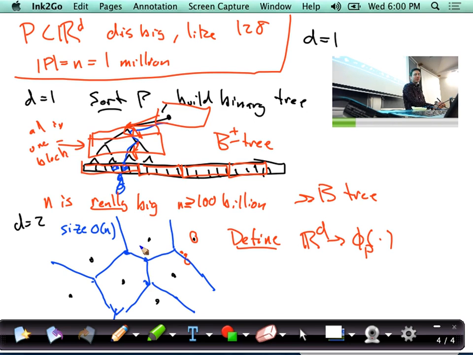And you can build a searching structure on top of this, where you divide this up into trapezoids, build some two-level hierarchy over it, and you can search.